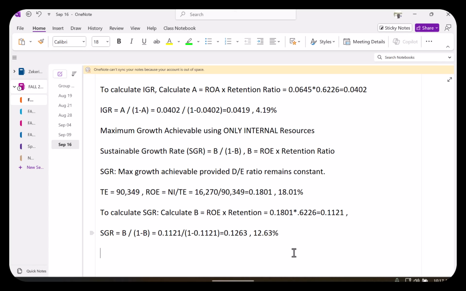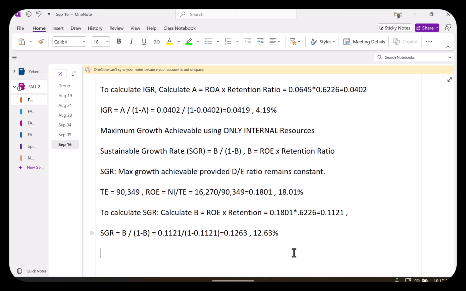Remember, internal growth rate is the growth rate achievable using only internal resources. But if you're distributing all the income, you're not adding any internal resources. So you can't grow. You have nothing to grow with.